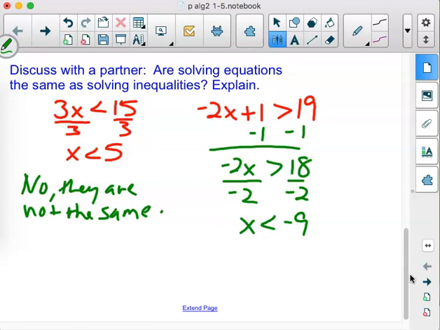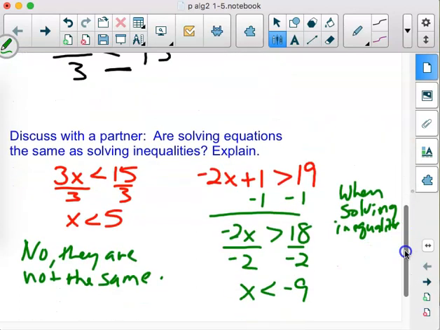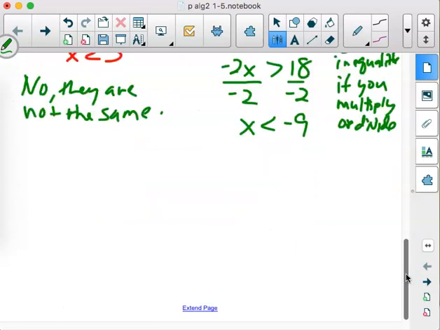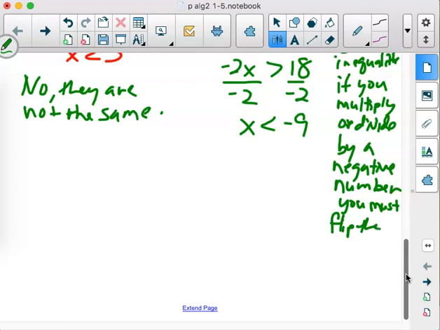That's where you want to write: when solving inequalities, if you multiply or divide by a negative number, you must flip or switch the sign.